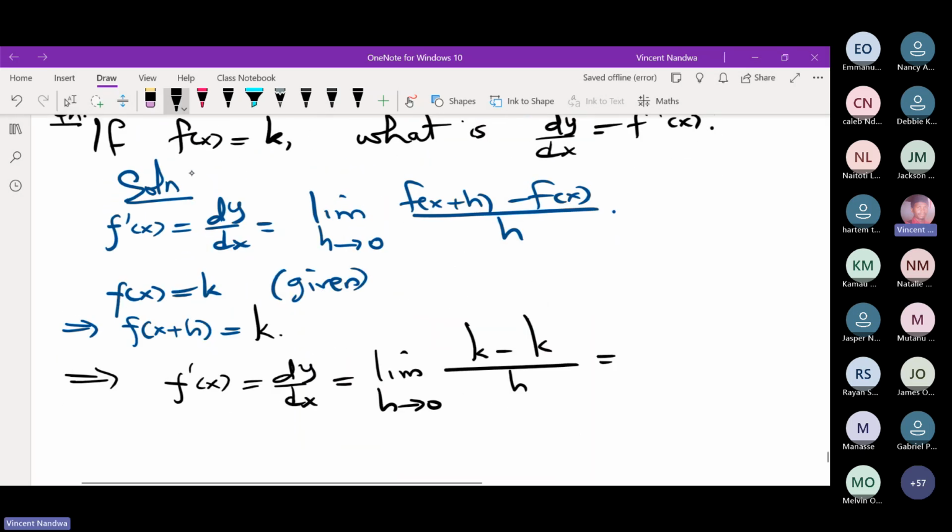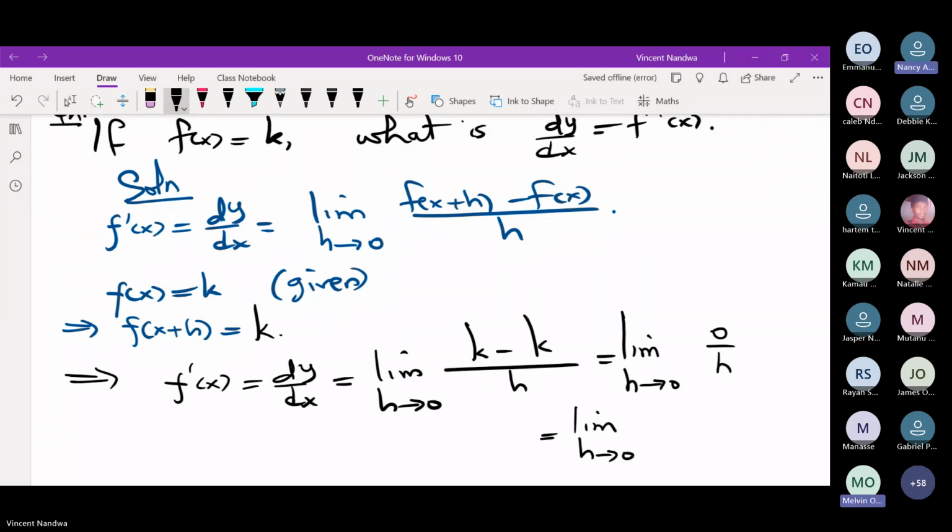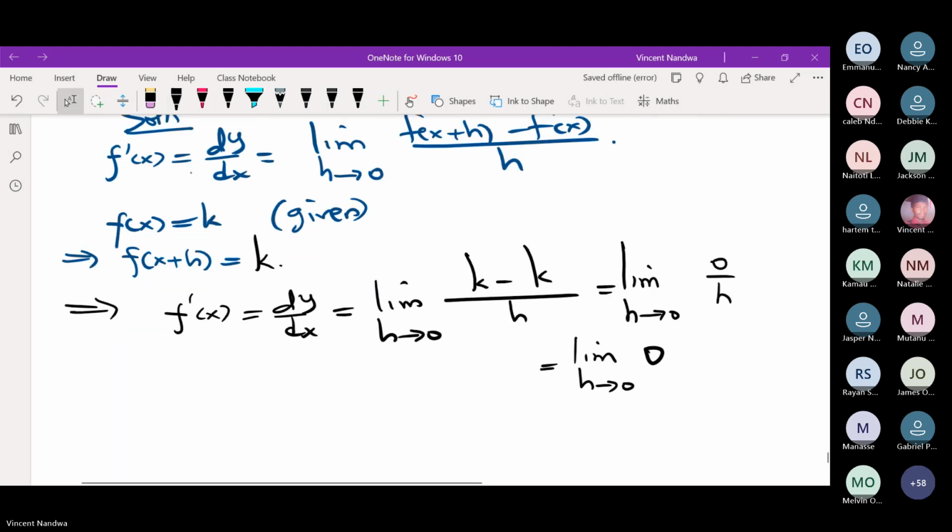And what is k minus k? 0. And what is 0 over h? Zero. Correct. So what is the limit as h approaches 0 of 0? Simplify. 0.